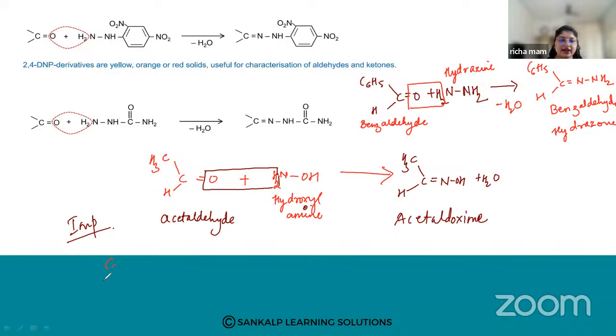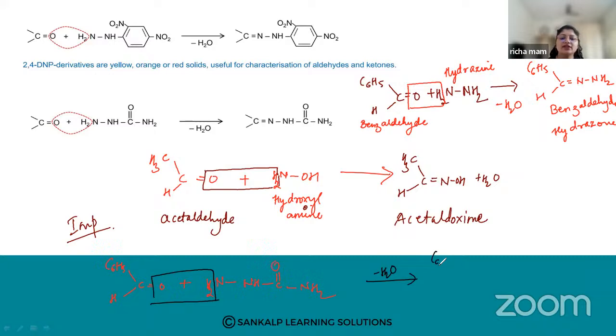One more question. Take benzaldehyde again, C6H5CHO, and react it with semicarbazide, NH2NH-C double bond O-NH2. Tell me the product. You have to remove just the water molecule and see what you get.